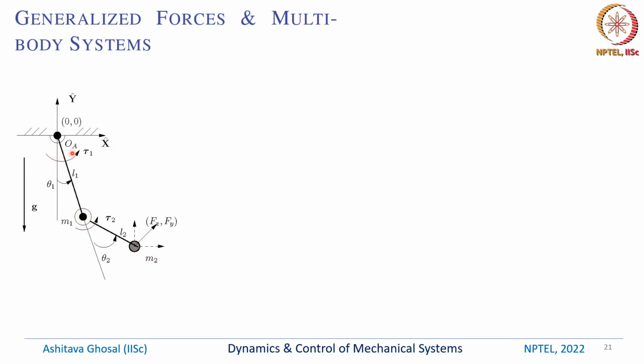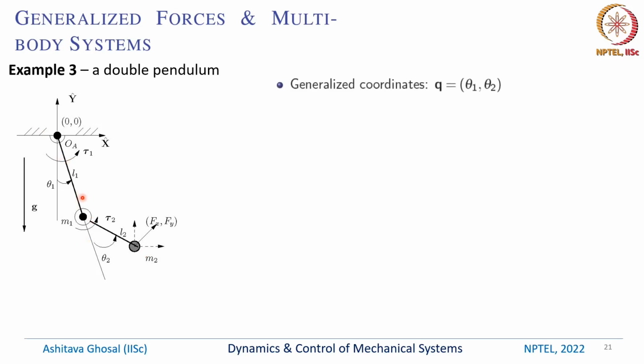We will assume that there is a torque acting at the first link, another torque acting at the second link, and then we have these forces Fx and Fy acting at the tip. This is M1 and this is M2. These links are massless rods, just like the simple pendulum. So this is called a double pendulum.